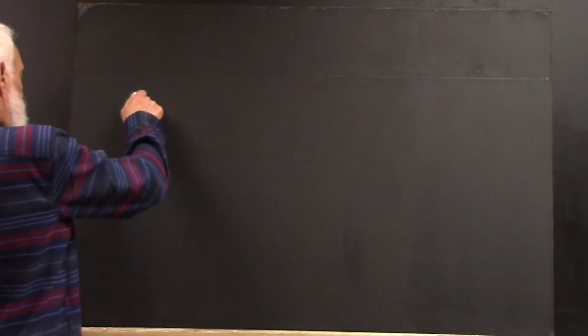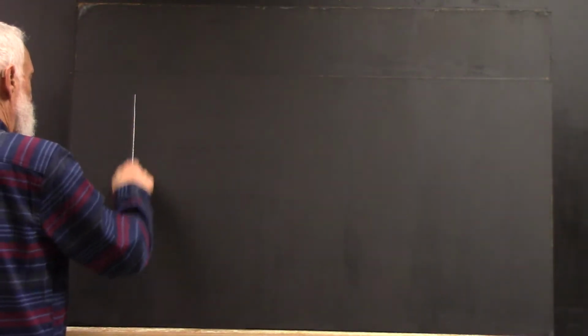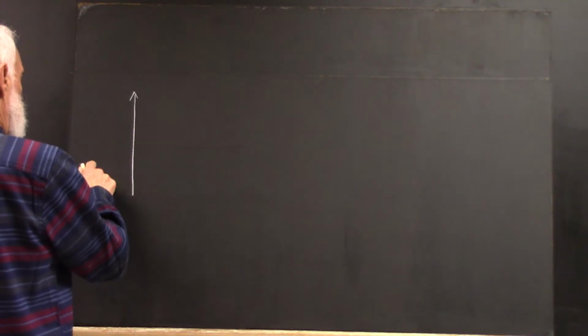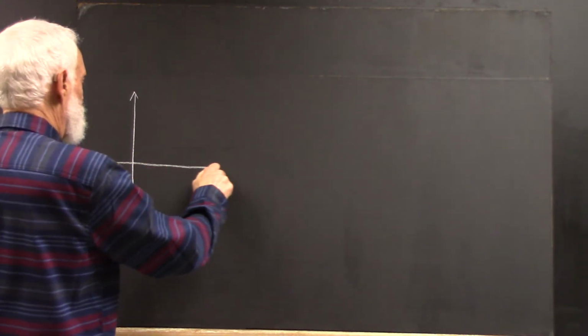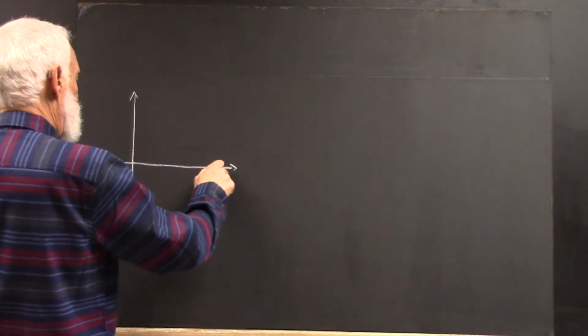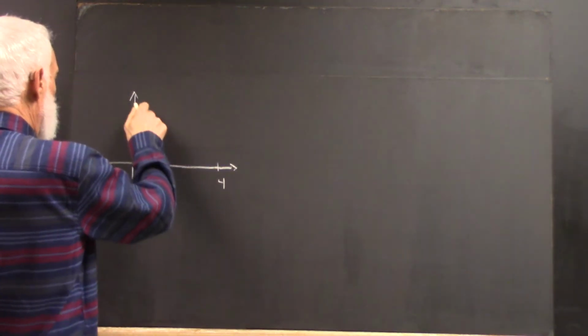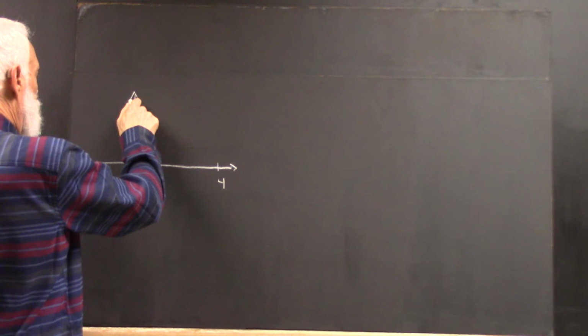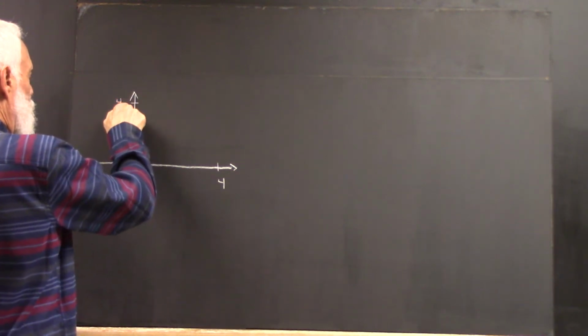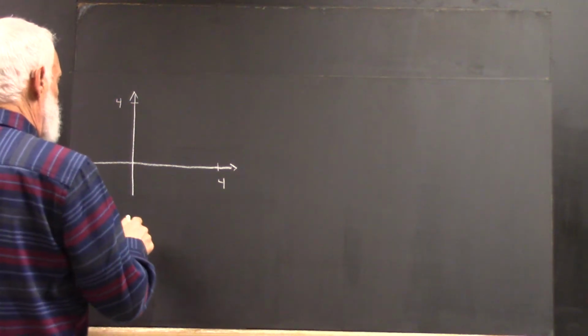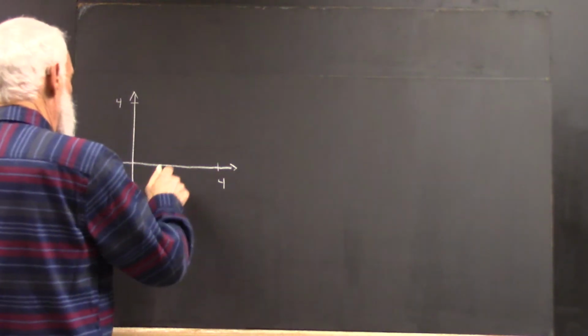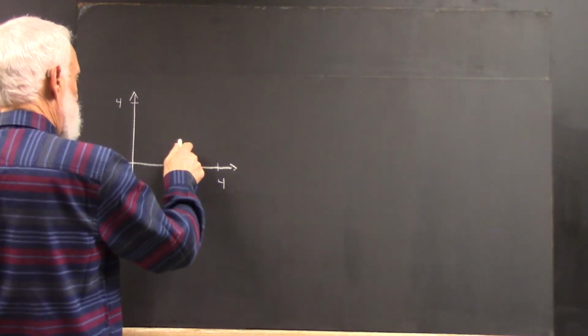Okay, let's say we've got the graph. Let's say we go out to 4 here, and we go up to 4 here. Okay? And we've got a graph that looks like this.